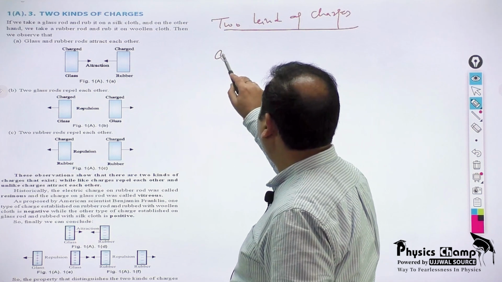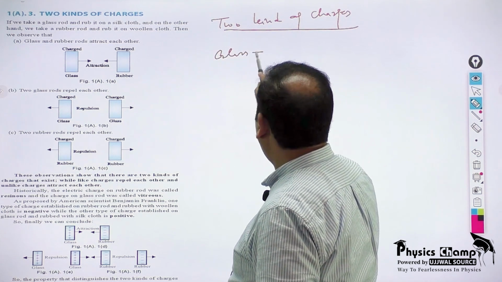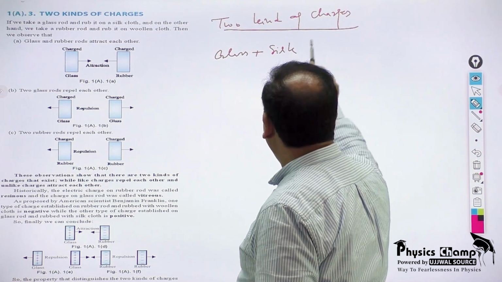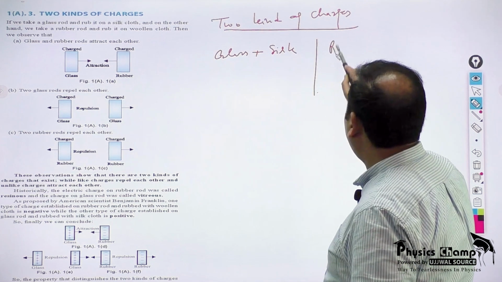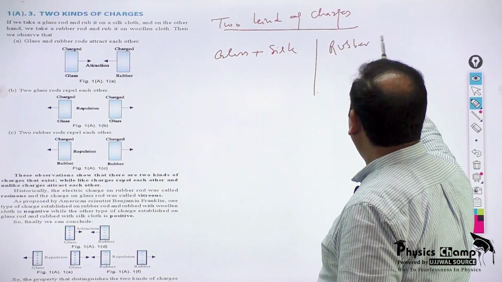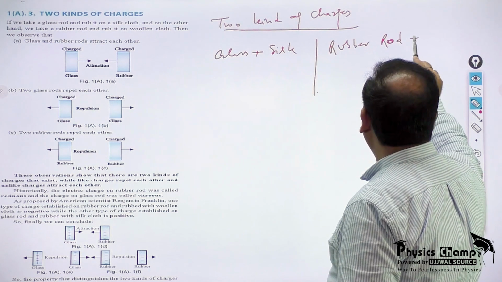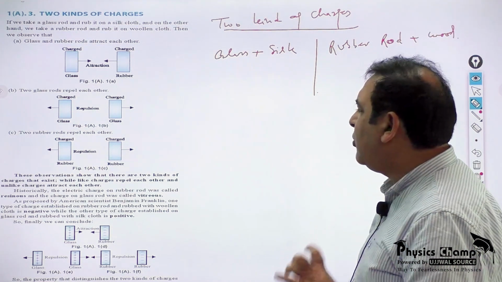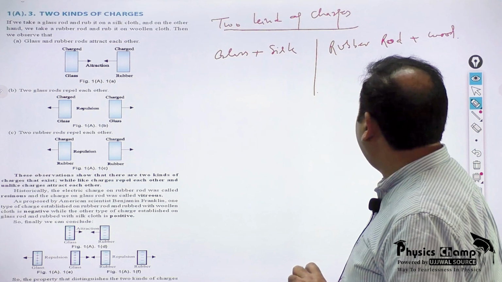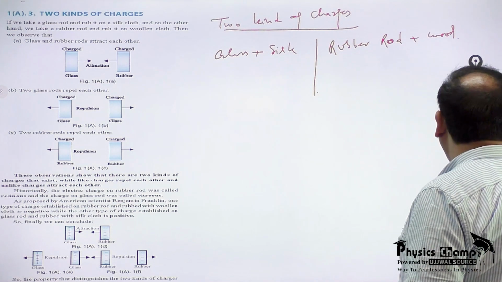And if we take a glass rod or rubber rod, on one side we take a glass rod which was rubbed on silk, and on the other side we take a rubber rod which was rubbed on wool. So you take a glass rod and rub it on silk, and on the other side you take a rubber rod and rub it on wool.